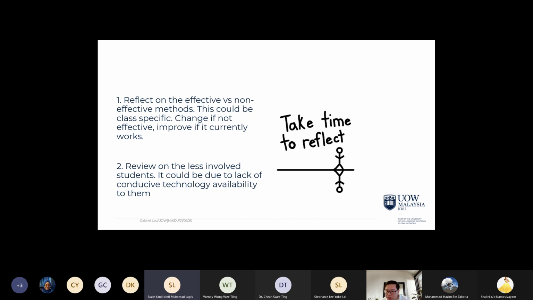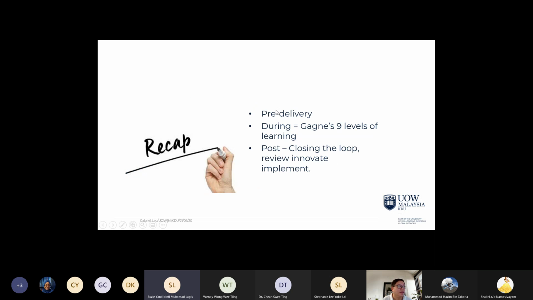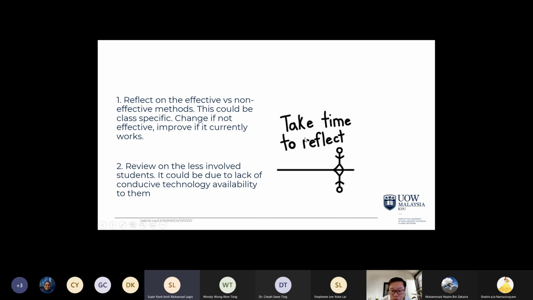Then you know. Maybe in their area, the bandwidth impact does not allow them to continue doing all the Quizlet or Kahoot or so on. So this is what it means, review. All right, you review on it. Okay, and so this is basically what you do.